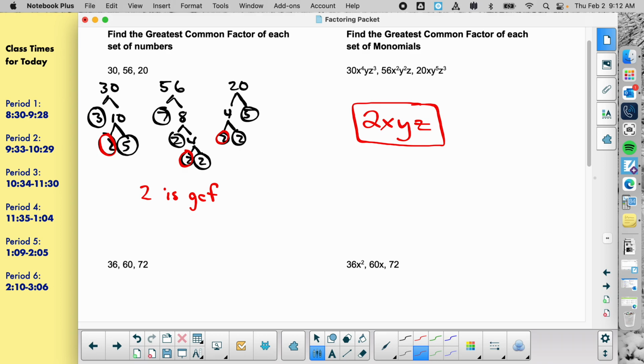How do you know when to put in what power is like the greatest common thing for that? On the right-hand side? Yeah. So I just start looking at each letter individually. So then I see x4, x2, and then x1. And then I'm just trying to figure out what's the smallest number they all have in common. And so since the one on the right only has one x, the ones on the left already have at least one.